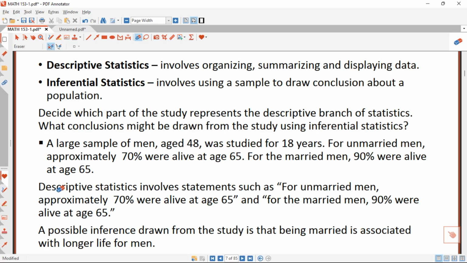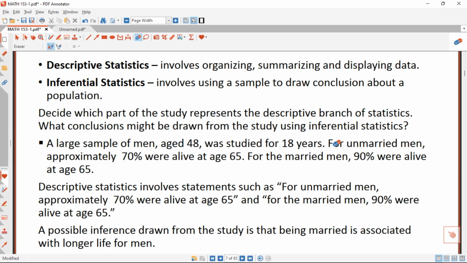So we are starting with the descriptive statistics. It says the descriptive statistics involves statements such as for unmarried men, approximately 70% were alive at age 65, and for married men, 95% were alive at age 65. So from this case study, the descriptive statistics is just using the percentage to tell us something about the study that they did for about 18 years, right?